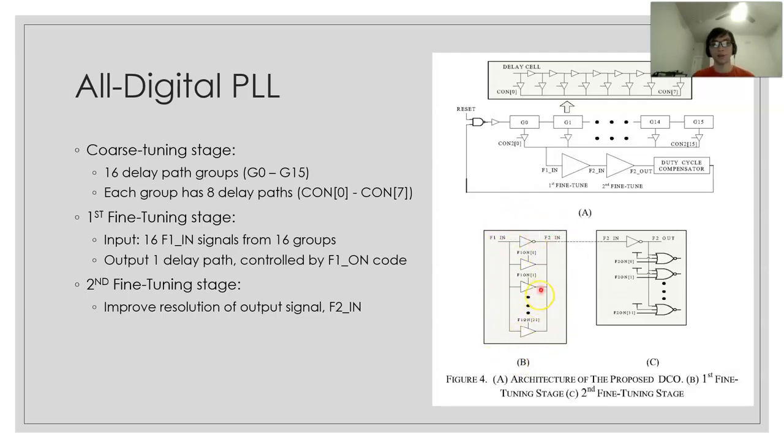From those 16 delay paths, only one of them will be chosen to be perceived as the clock signal. To select that, we use the F1 on code in here, 32 bits.